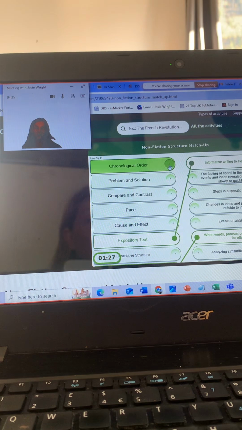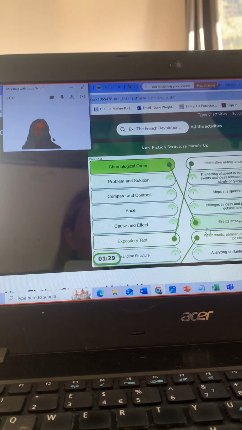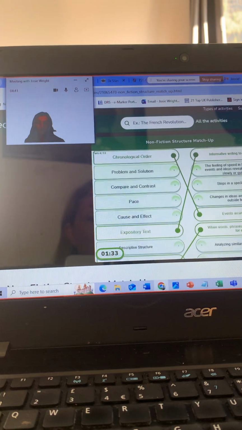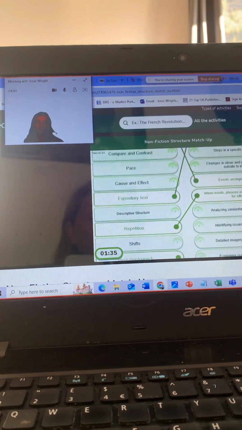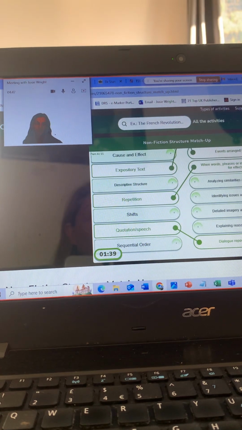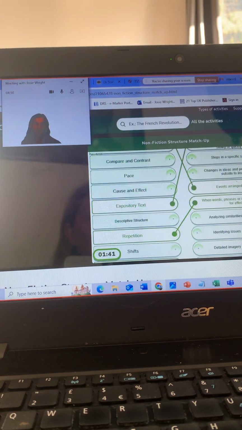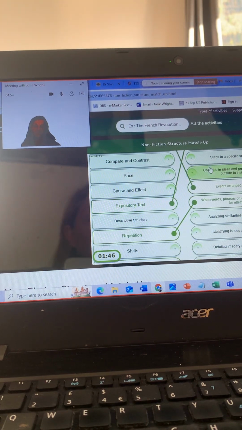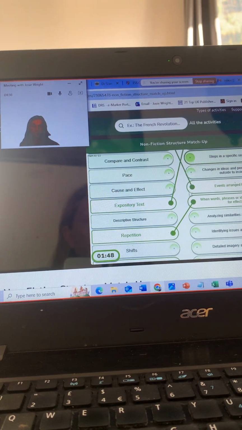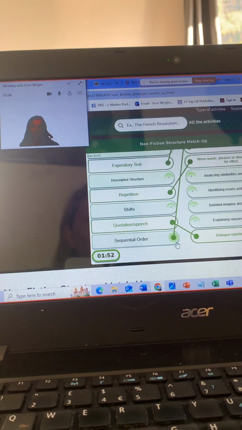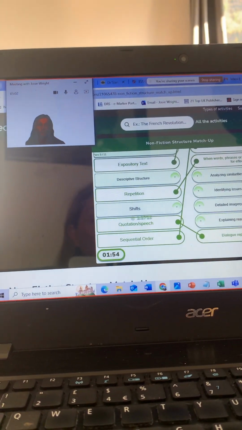Have we got chronological order? Arranged by time. Good. Okay. Sequential order. Let's have a look. Steps in a specific sequence. Do we think it's that one? So we click on there. Oh, and we come down. Well done.